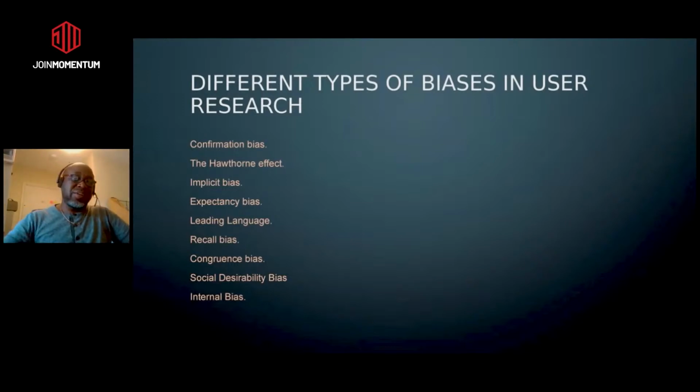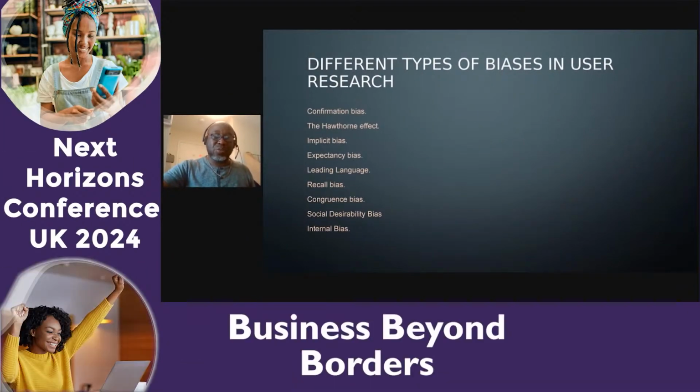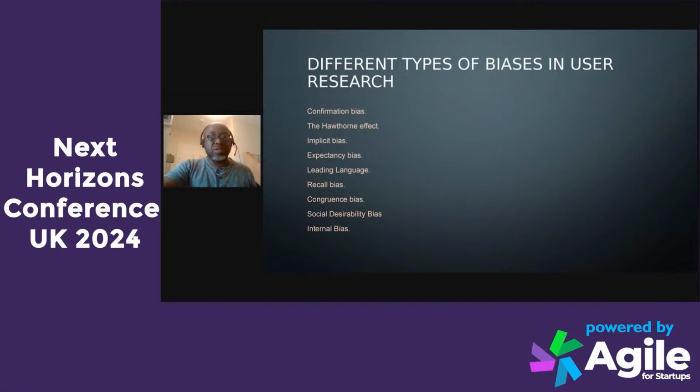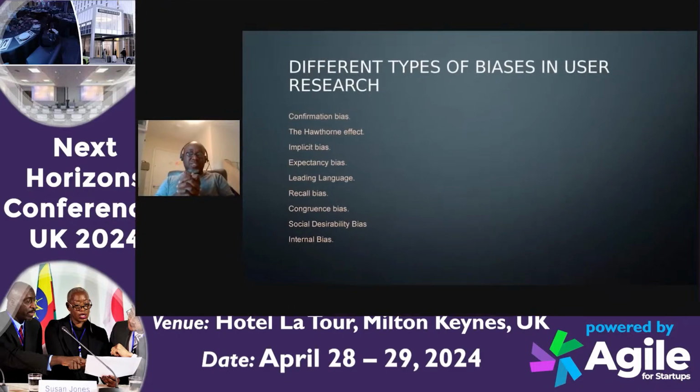And I'm now going to move to internal bias, which is what I'm really trying to talk about here. Internal biases are raised within the organization that is employing or seeking the services of the user experience researcher.